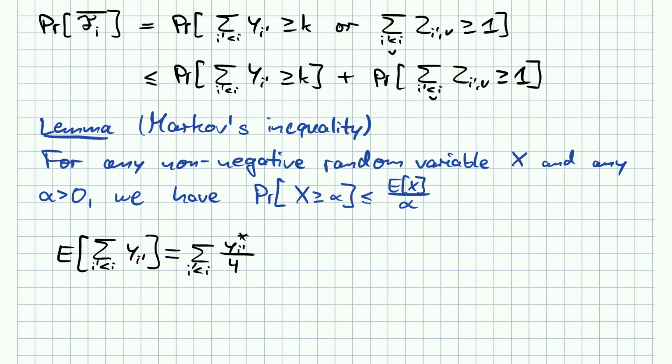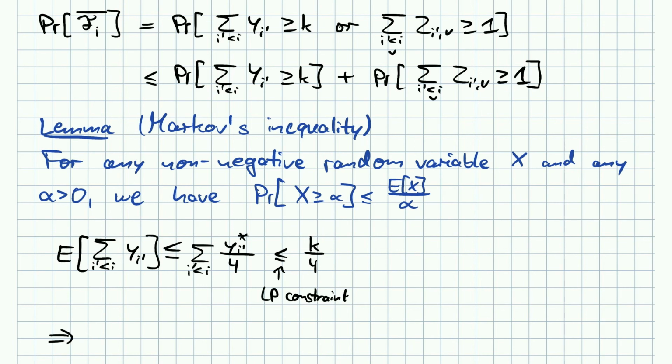It is at most yi prime star over 4. Maybe it is even less, because this doesn't take into consideration that the for loop might have stopped earlier, some things like this. And for this we know from the LP constraint, because we were starting from an LP solution, that this will be at most k over 4.